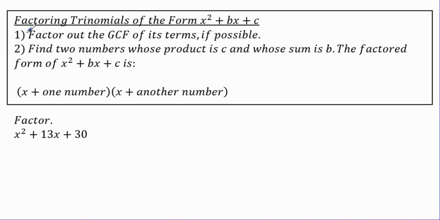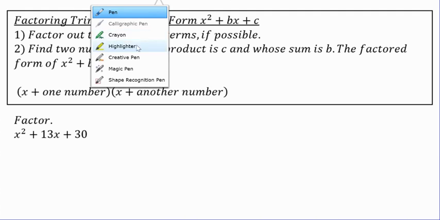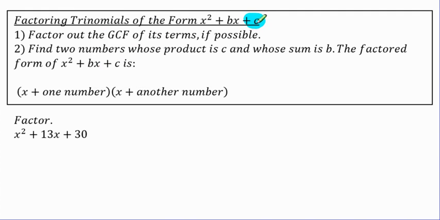What we want to do is find two numbers whose product is C. See how C is this last piece of the trinomial. We want to find two numbers whose product is C, but whose sum is B. Our B is the coefficient of our x term.